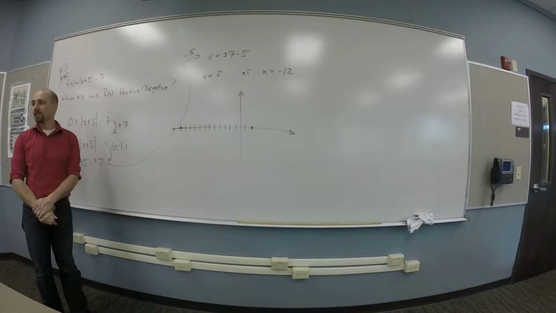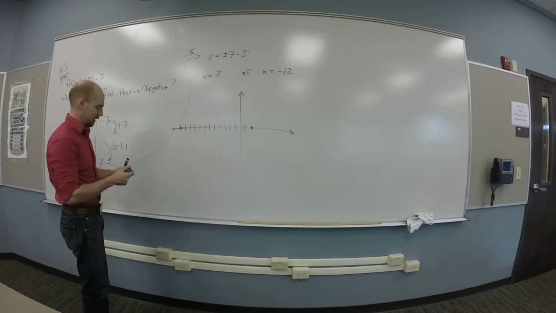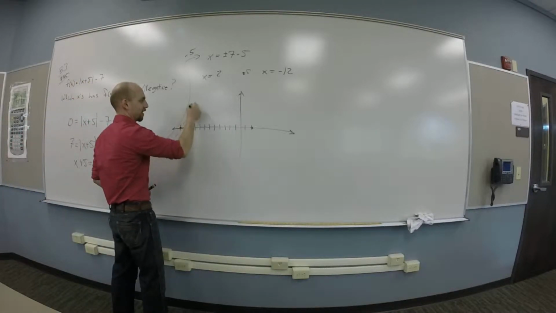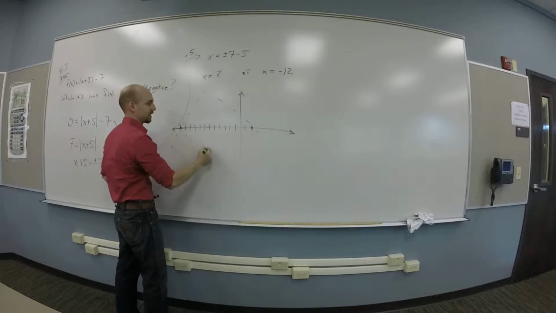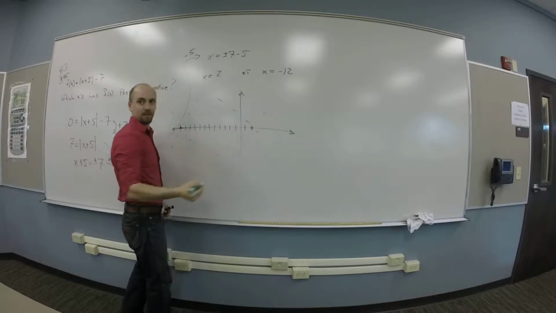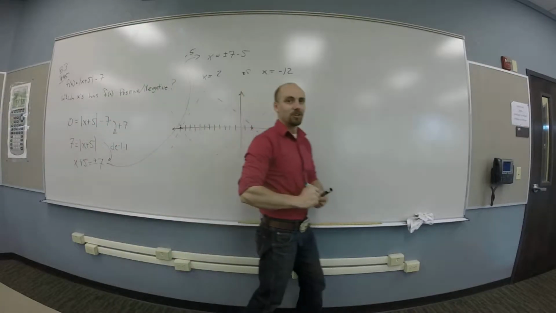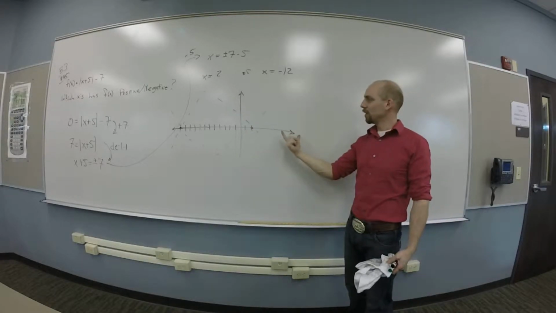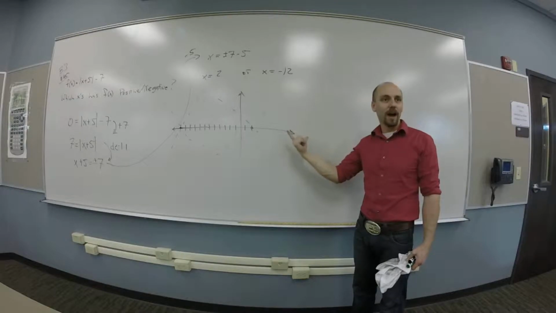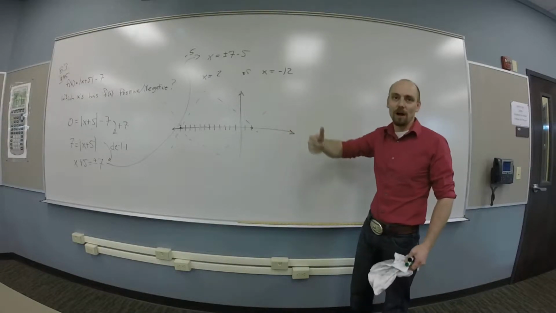I want to know where it's positive and negative. So I need to know if my picture looks like this, or like this. It goes up. You guys see that? I want to know if the V's pointed up, in which case the positive bits are on the outside and the negative bits in the middle, or if it's pointed down, in which case it's the opposite.